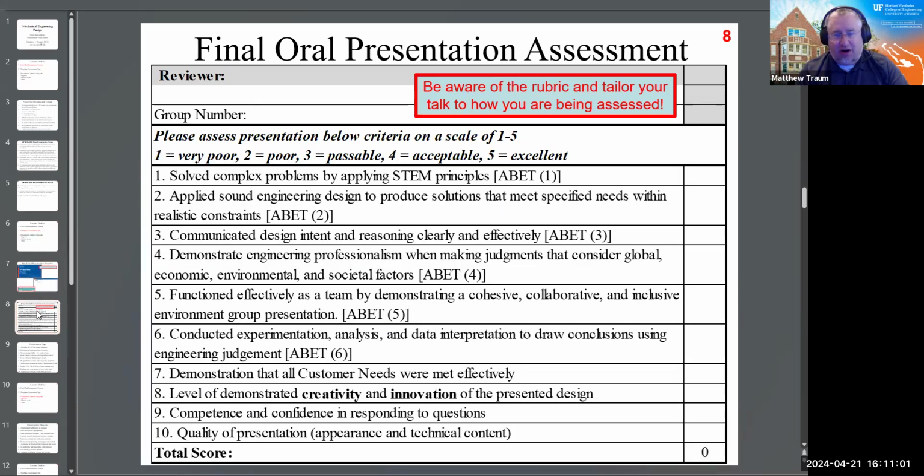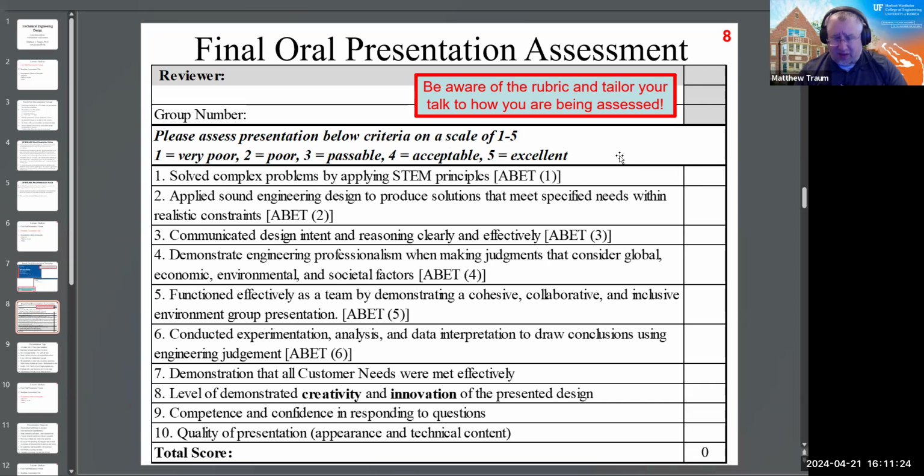Assessment. This is how you are graded. Every panelist, both in person and online, is going to have basically this piece of paper, or at least an electronic piece of paper, sitting in front of them. There are 10 metrics that you're evaluated on, and you're given a score on each metric ranging from 1, which is very poor, to 5, which is excellent, on a Likert scale.